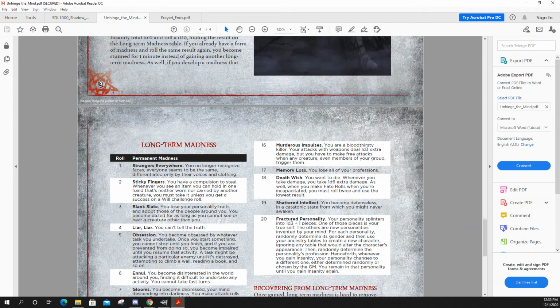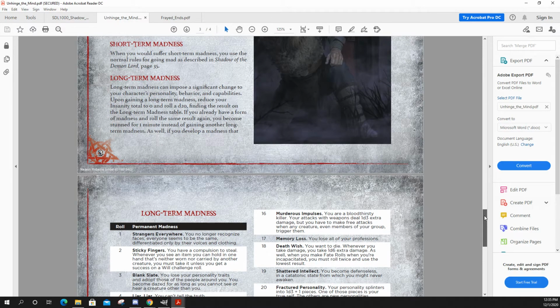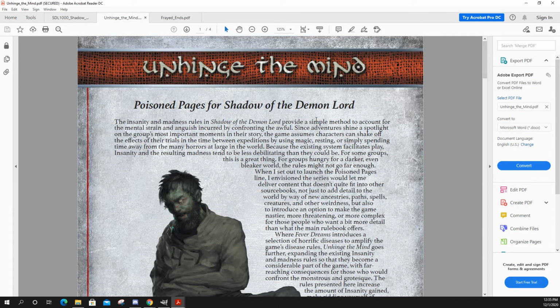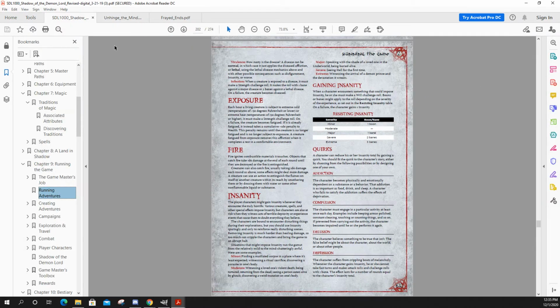So anyway, I do intend to use this supplement in my upcoming campaign, and just really up the ante on insanity in the game. I really want to make insanity a thing.